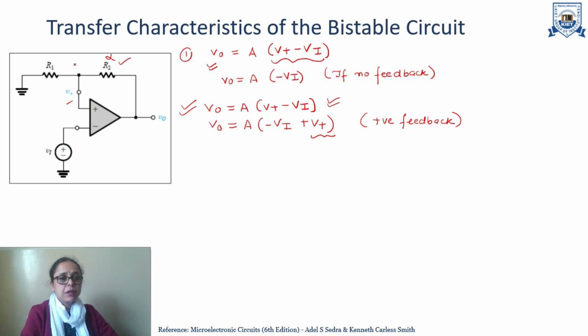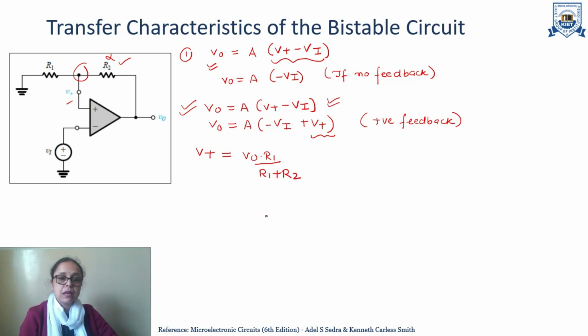Now, from the feedback path, if we want to calculate this V plus voltage, we will apply the voltage divider rule, or we can apply KCL also over here. So, by voltage divider rule, the V plus voltage will be V naught multiplied by R1 divided by R1 plus R2.